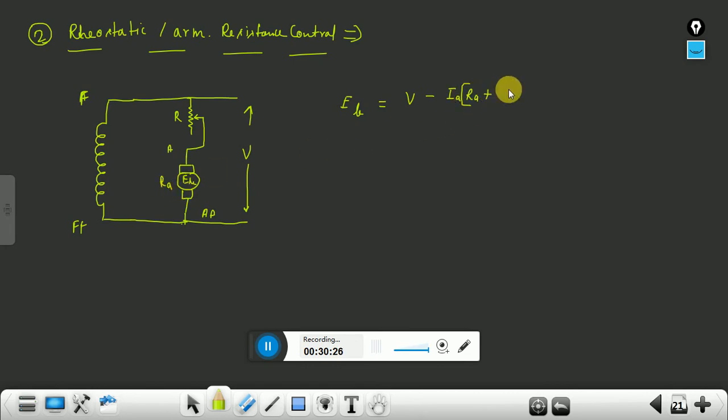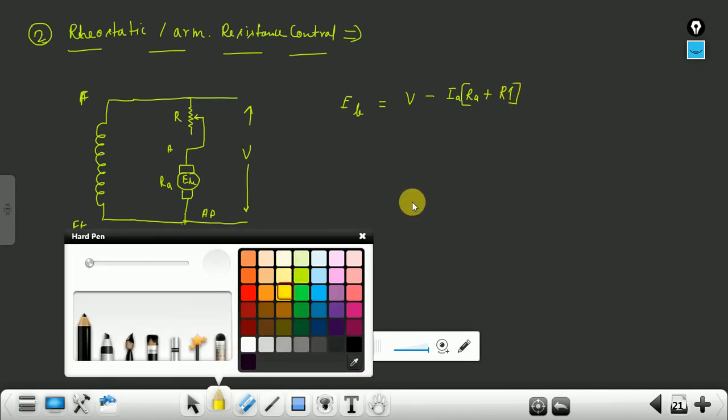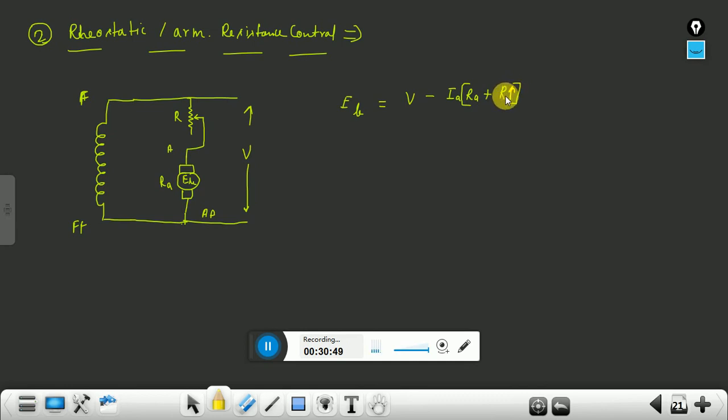So when we increase the value of this R, this total term increases, which means this EB decreases.